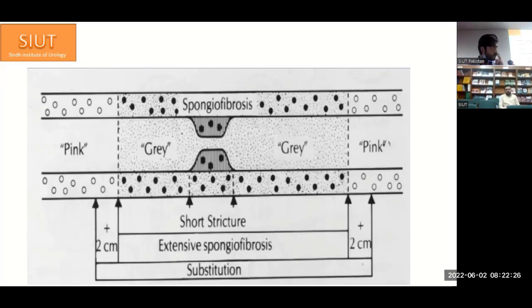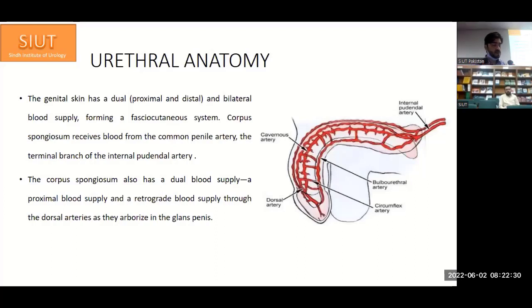I think this blood supply is very important. Usman will tell us about this blood supply. Why will we not do EPA urethroplasty in a hypospadias patient? I think patients who have hypospadias have already compromised blood supply to the urethra.